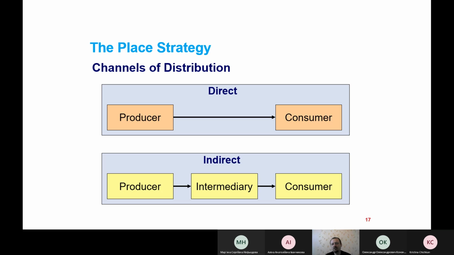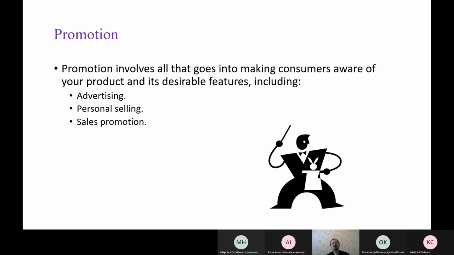At this picture there is only one level of indirect channels of distribution, but there could be several levels of intermediaries. And also you have to describe this strategy. And the last but not least is promotion.